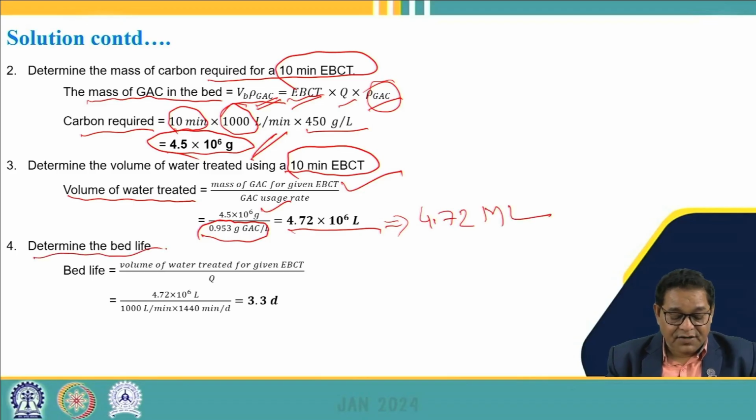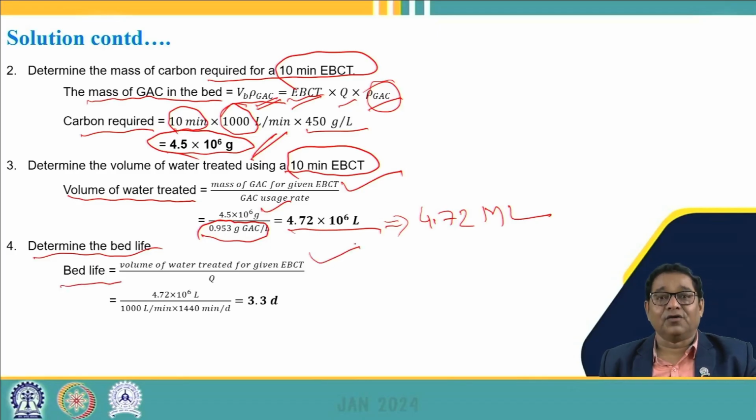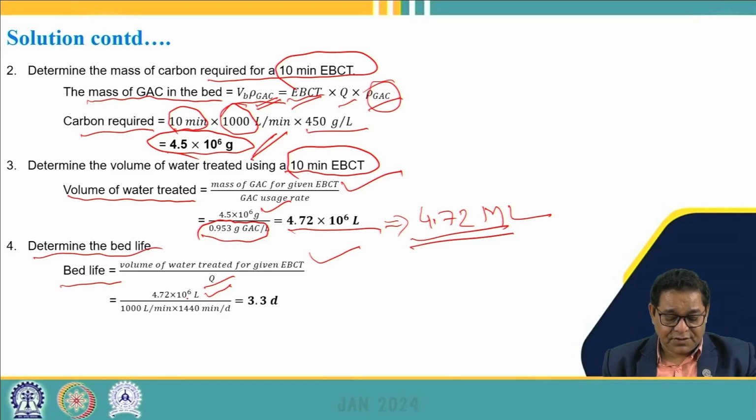Then similarly we can find out how much bed life there will be for the column. This is bed life, which is equal to the volume of the water being treated divided by its flow rate. The total volume of water we have got is 4.72 million liter, so 4.72 into 10 raised to the power 6 divided by Q, the flow rate, which is 1000 liter per minute.